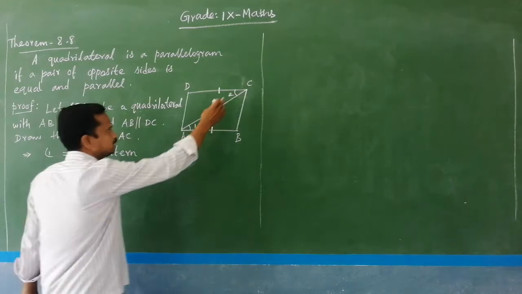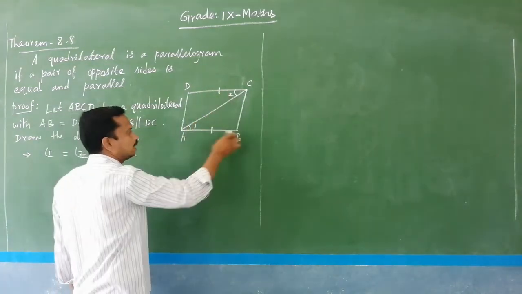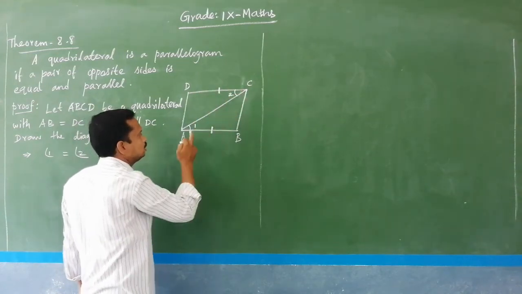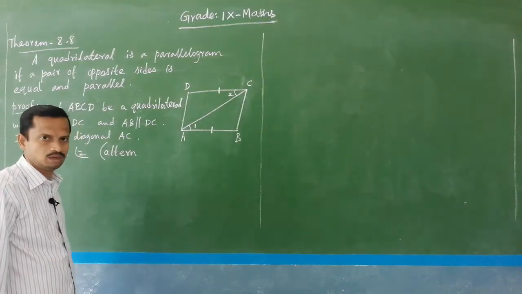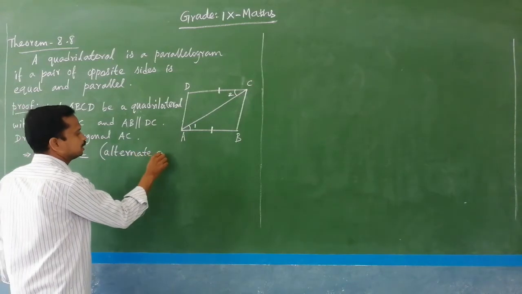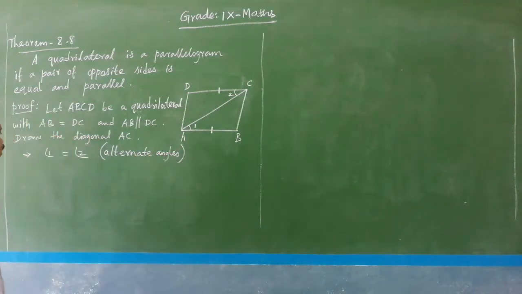AC you consider as transversal, and these two are parallel lines. Therefore, angles 1 and 2 are equal alternate angles. The same concept we are using here, 1 equal to 2.